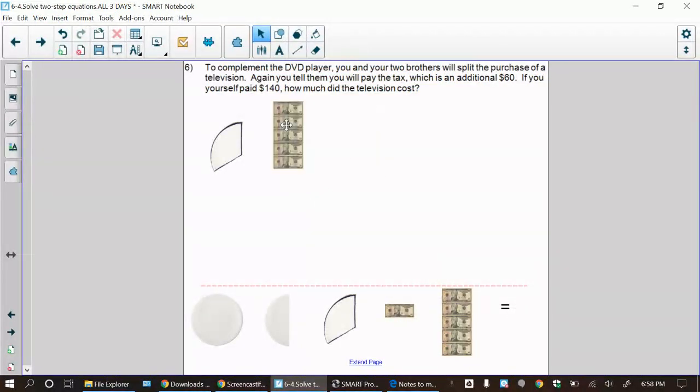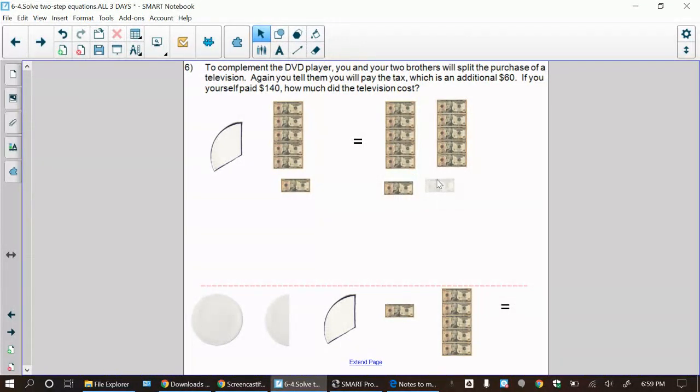So I need to put 50, 60, and then my equal sign. And if you're self-paid $140, how much does the television cost?